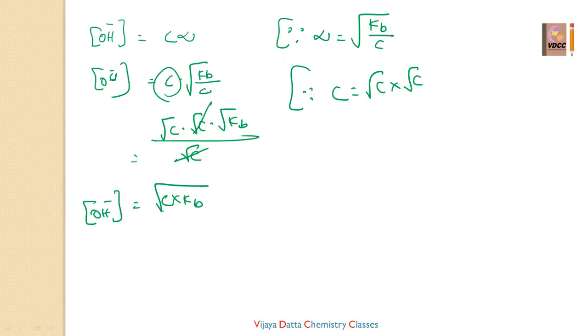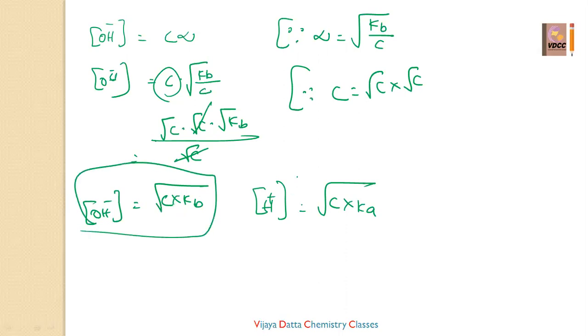Similarly, from the previous video, the concentration of H plus is root of C into Ka. So the concentration of OH minus for weak bases, and of H plus for weak acids, is given by these formulas, where C is the concentration of the solution, Kb is the base dissociation constant and Ka is the acid dissociation constant. Based on these we can calculate the concentrations. Getting this formula is a very sensitive part of the ionization of acids and bases.